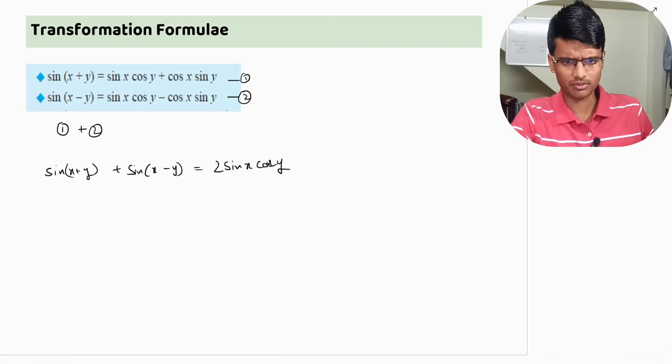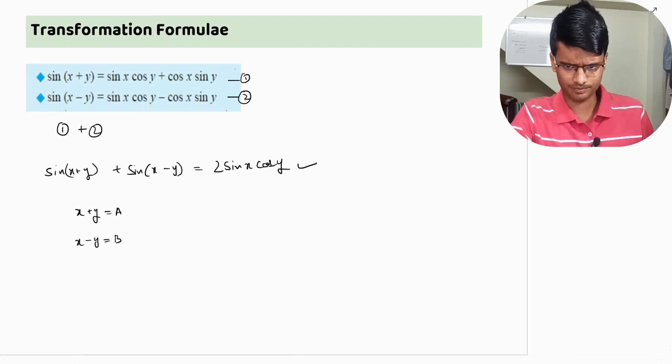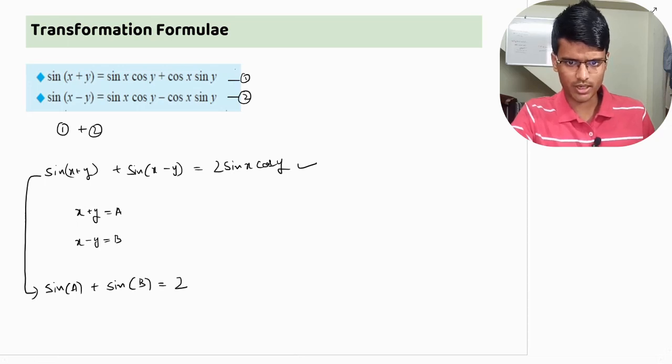This is the formula. Let me replace x plus y with a and x minus y with b. So sine a plus sine b is equal to 2, what is x?